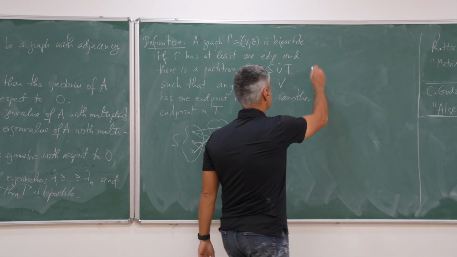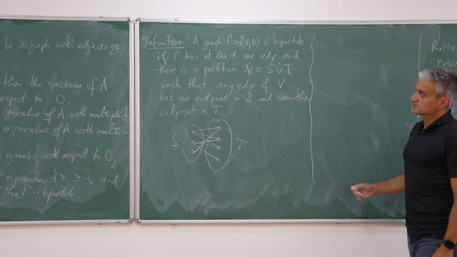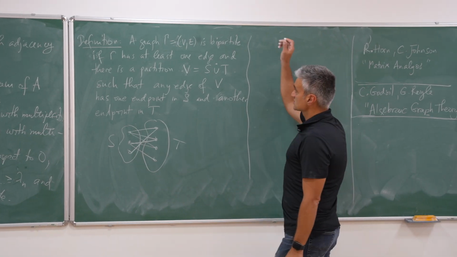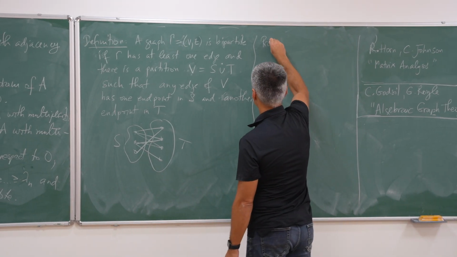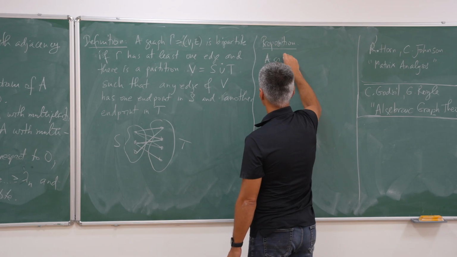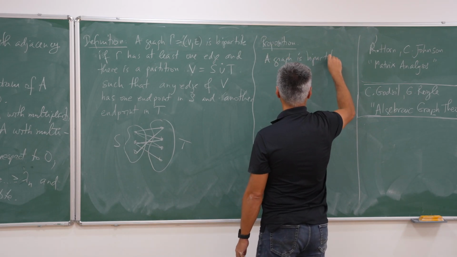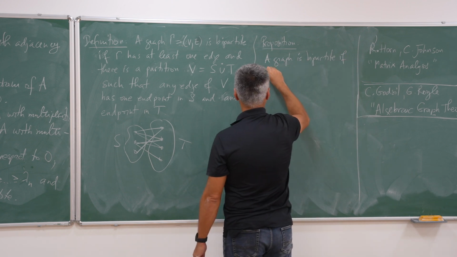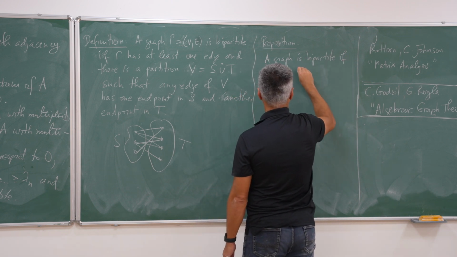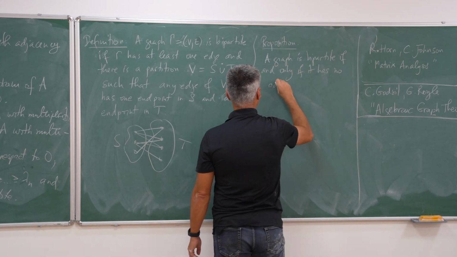And so you have this combinatorial characterization. Proposition: a graph is bipartite if and only if it has no odd cycles.